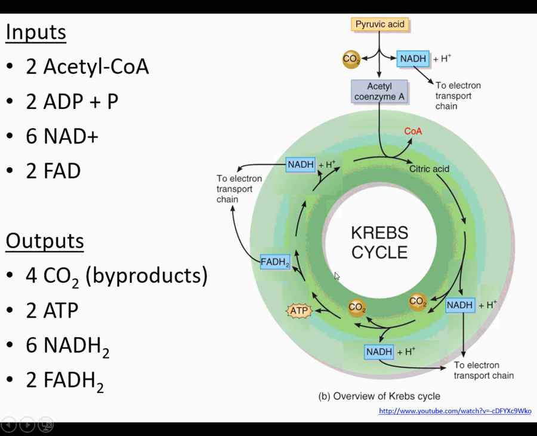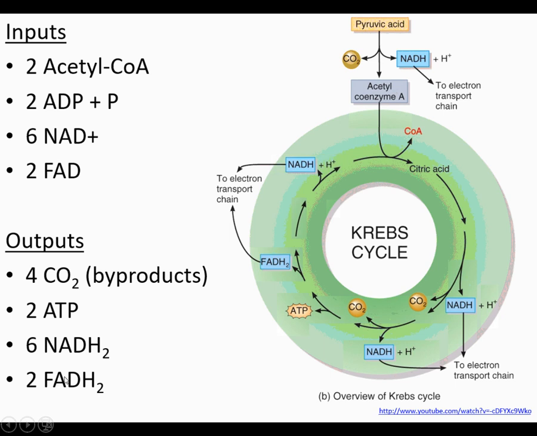If you look over on the left, we say that there's 4 carbon dioxides formed. Well, we only showed 2. We showed 2 ATP, but we only show 1. We show 6 NADH plus H pluses or NADH2s. We show only 1, 2, 3 over here, and 1 FADH2 shown, but we list 2 off.